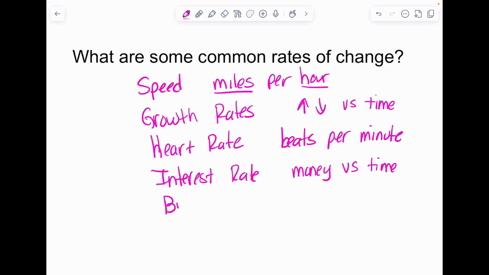And others are a birth or a death rate, determining whether the birth or the death rate is increasing or decreasing versus time. So those are just some popular ones to talk about what it means to be a rate of change.